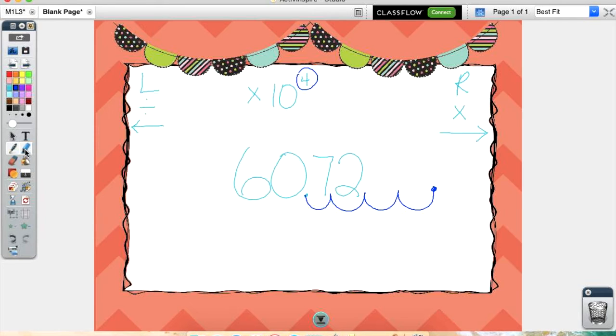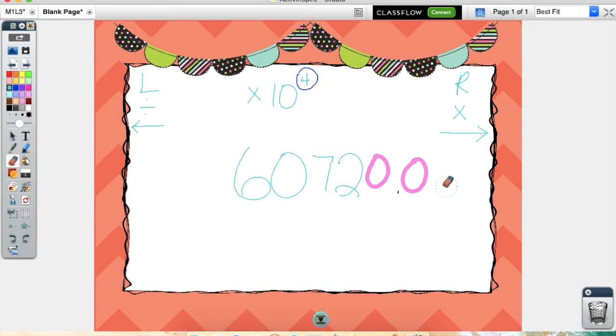What do I need now? A highlighter. According to Max, I need a highlighter, and correct? 2 zeros. So my answer is going to be 607,200. Let me erase those.